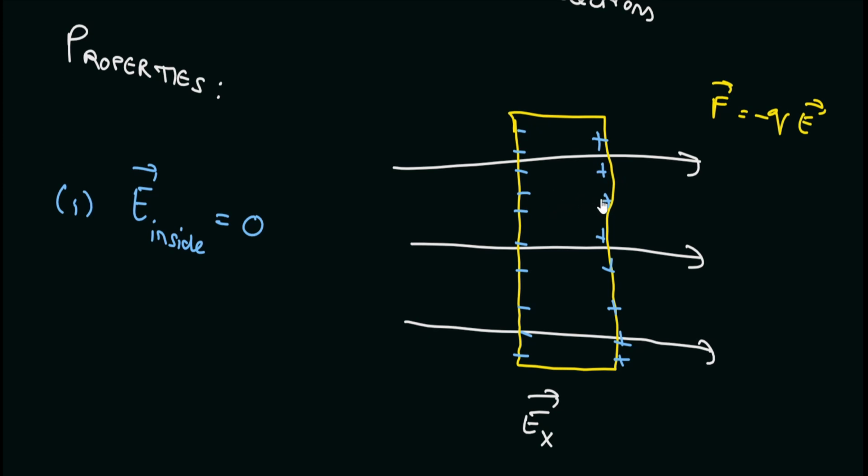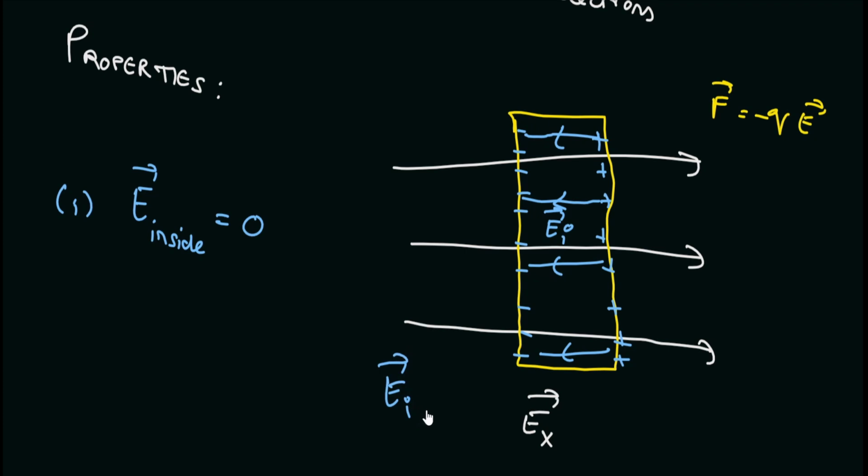Now these charges will produce an electric field of their own, which will go from positive to the negative charges, like this. Let us call it EI for induced. Now as we can see, the induced electric field will be in the opposite direction to that of the original external electric field.